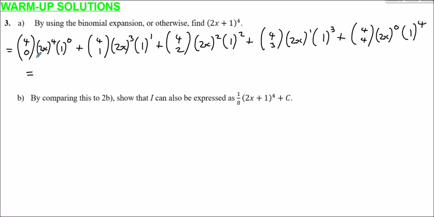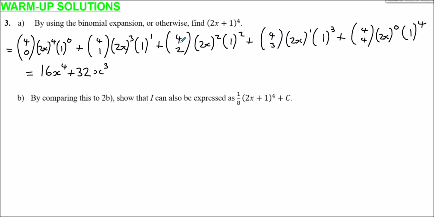But anyhow, this first one will become 16x to the power 4. 4 choose 1 is 4. You can do this on your calculator, 4C1, multiplied by (2x) cubed. Well, 2 cubed is 8. 8 times that 4 gives 32. So we've got 32x cubed.